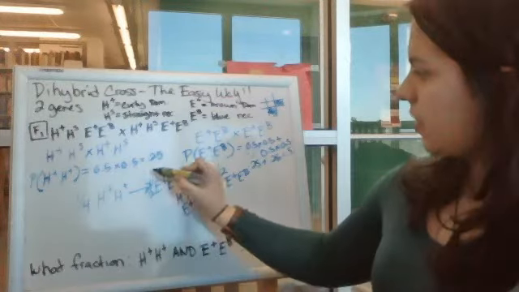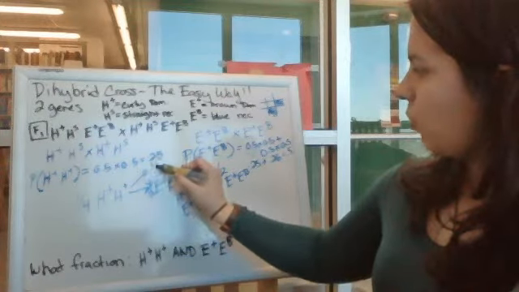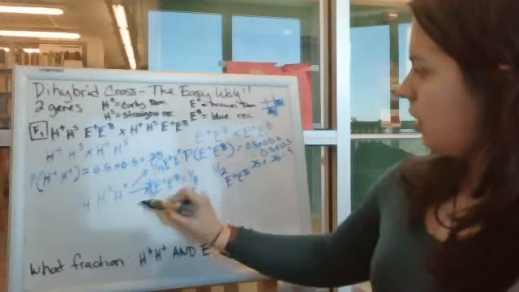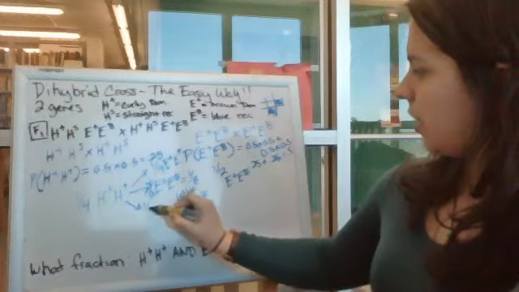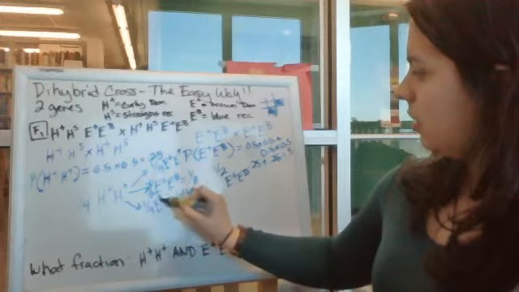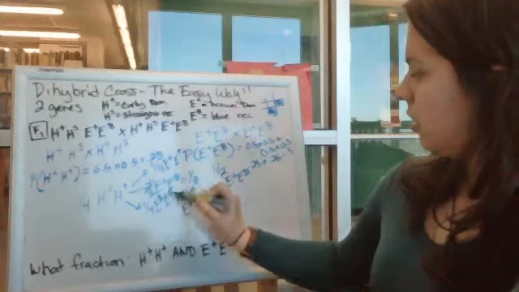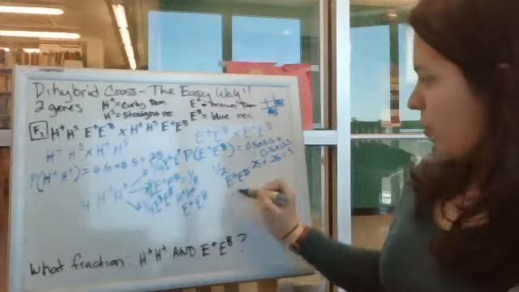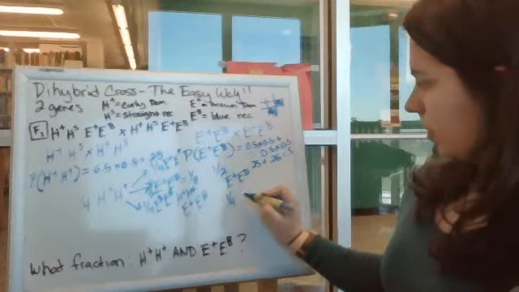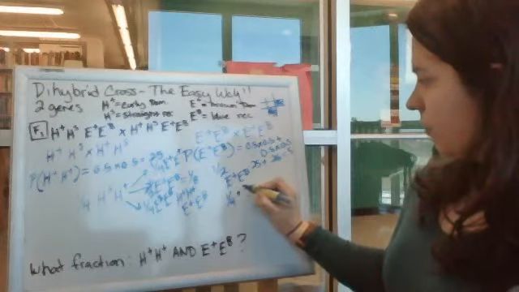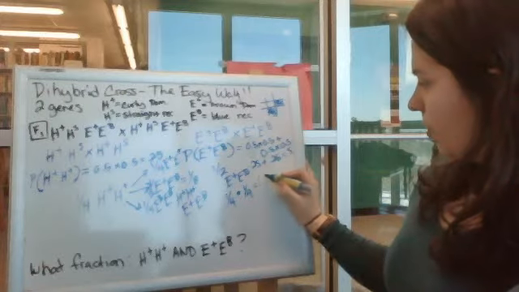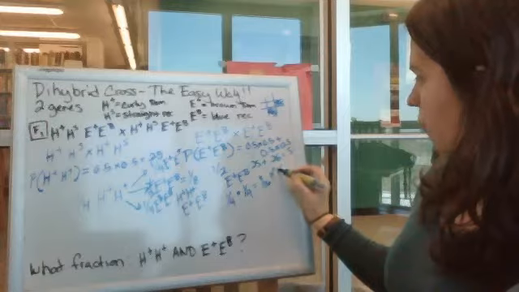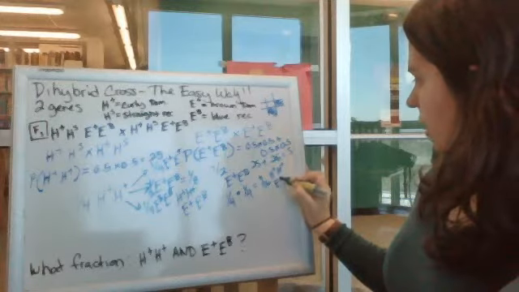And you could even make another one and go, 1/4 of these are going to be E plus, E plus, and 1/4 are going to be EB, EB. So then you would get the whole tree where you're doing 1/4 times 1/4 equals 1/16 will be H plus, E plus, E plus.